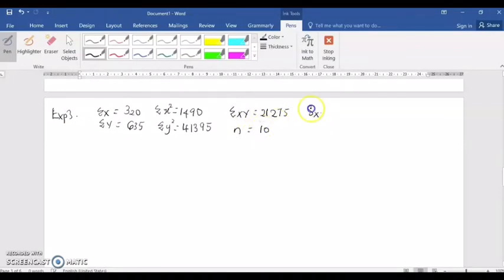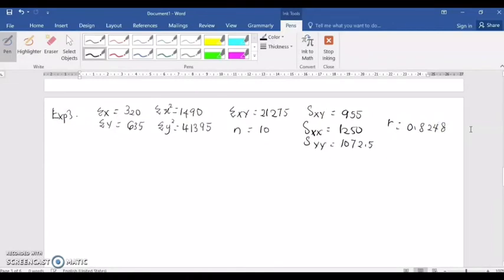Sxx is 1250, Sxy is 955, Syy is 1072.5, and our r is 0.8248.